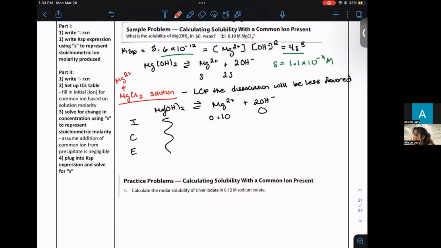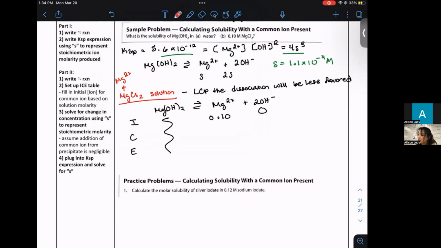So my concentration, as soon as I drop my solid in, is already at a dissociated value of 0.10 magnesium 2 plus ions provided by the solvent alone. None of the solid has dissociated yet.